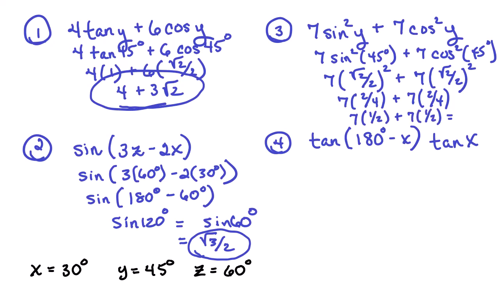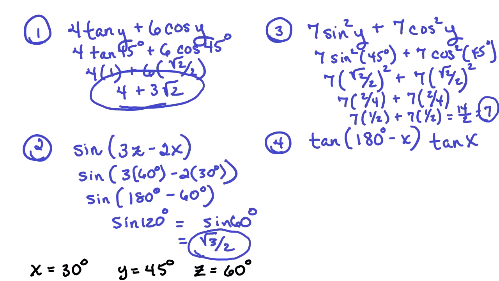So that's 7 halves plus 7 halves, which is 14 halves, and that reduces to 7. So 7 sine squared of y plus 7 cosine squared of y is 7.